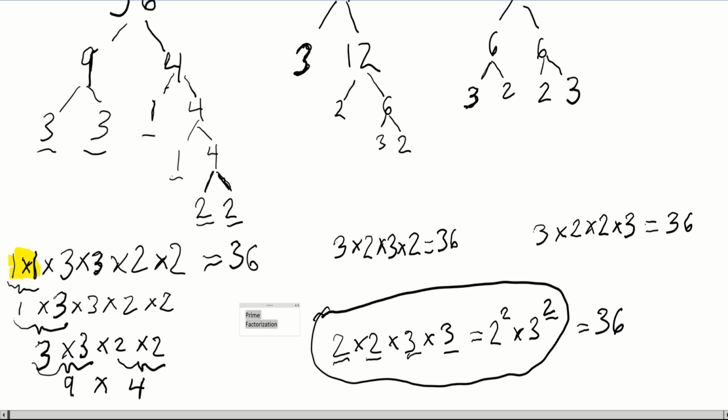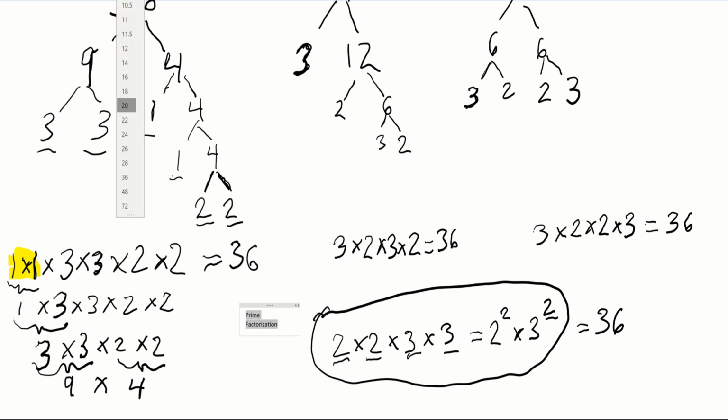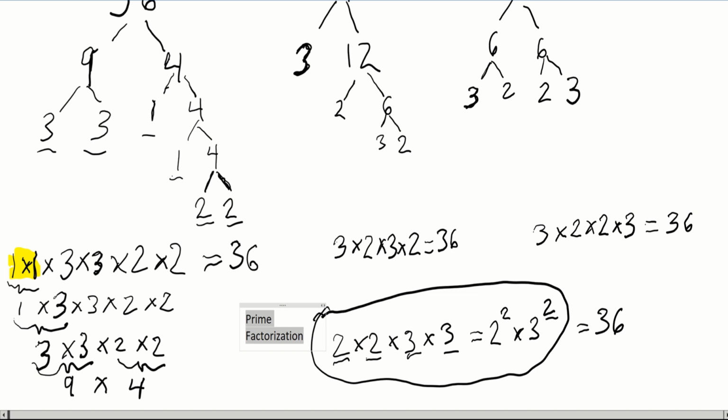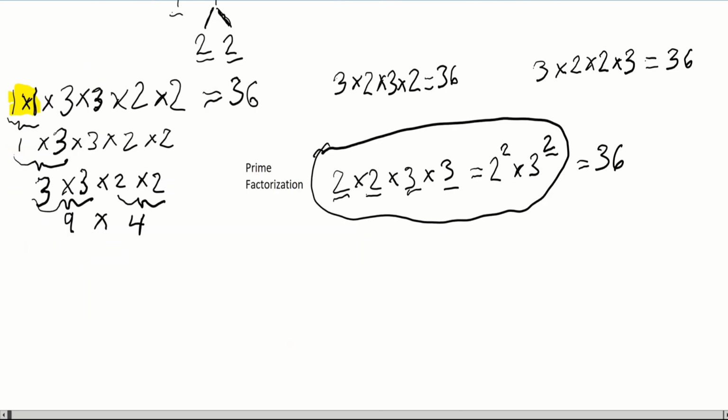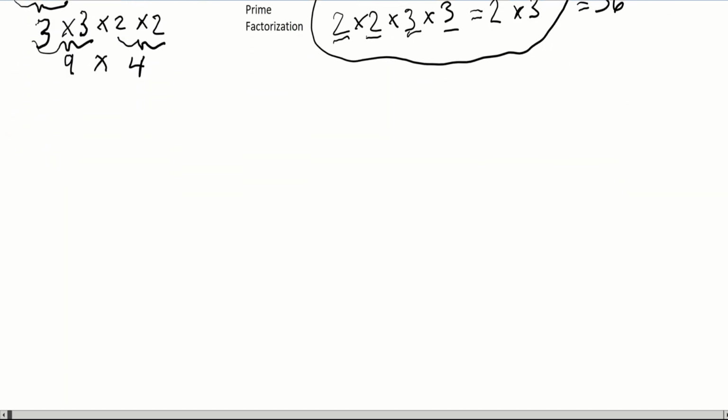Now, I earlier said you could write or determine the factors of a number this way. How do we do this? Well, let's take a look at the prime factorization of 36.